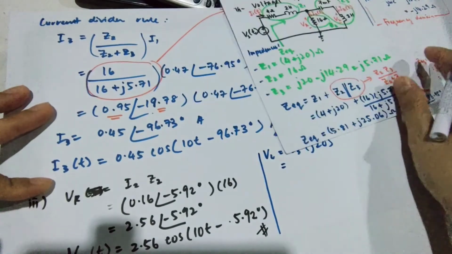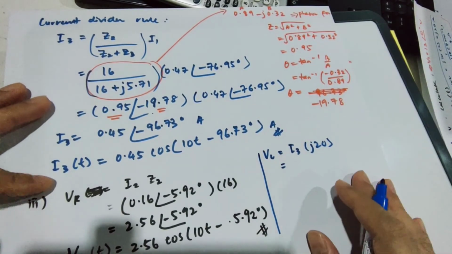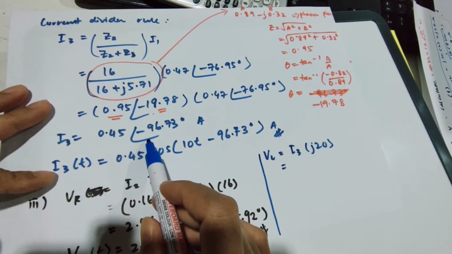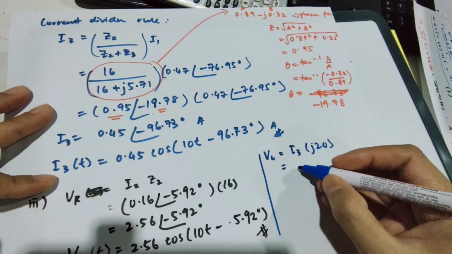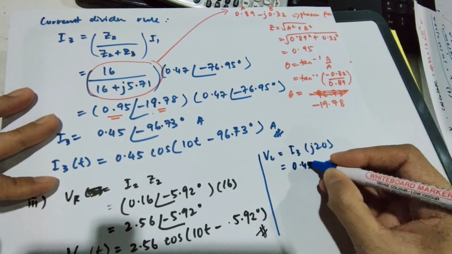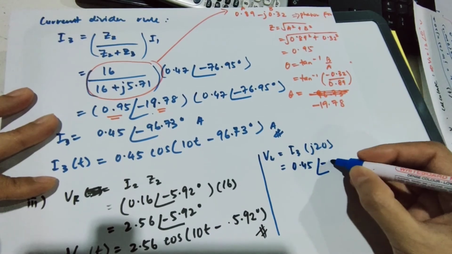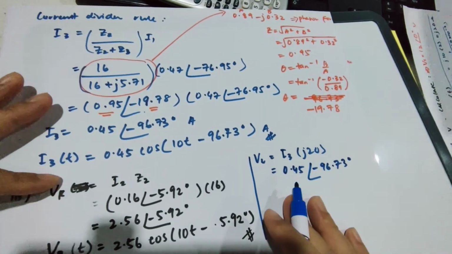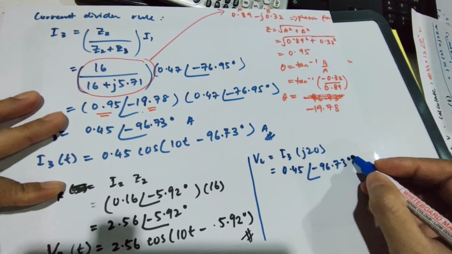So I3 kita tadi dapat 0.45, sudut negatif 96.73. Here is I3.